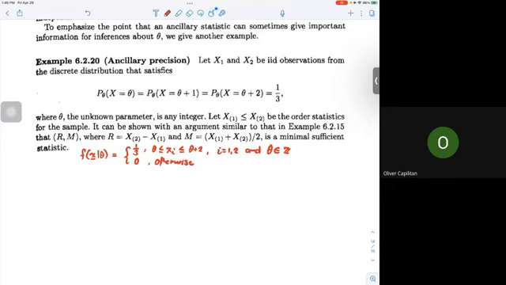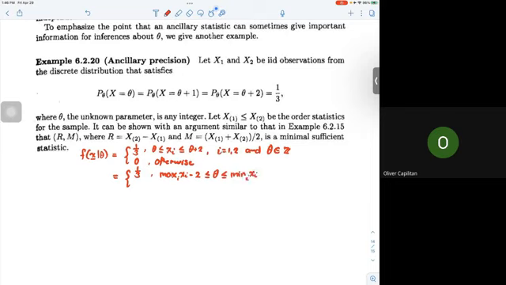So this is equal to 1/3 if the maximum of the X sub i, minus 2, is less than or equal to theta, but theta is less than or equal to the minimum of the X sub i.